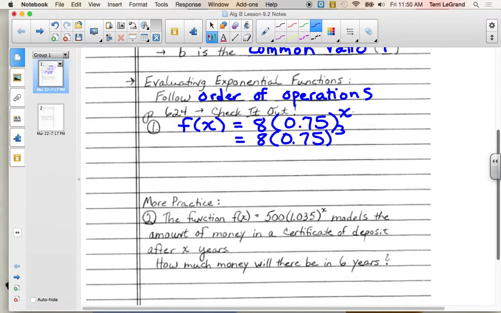And we're going to actually write this step out. We're going to show it. So 8 times, and what does that become? 0.421875. Okay. So when we take 75/100ths to the 3rd power, we get that decimal.